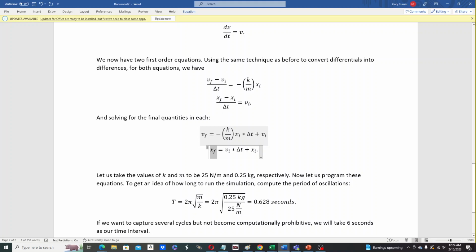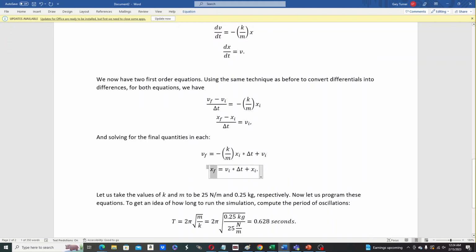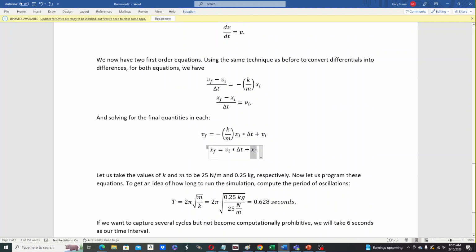So we start with initial conditions, and I'm going to start with an initial condition that my position on the spring is negative 10 centimeters, or negative 0.1 meters, and that we're starting our velocity from rest. So this is the situation where you pull a spring down, you're holding it, and then you release it from rest and see what happens.